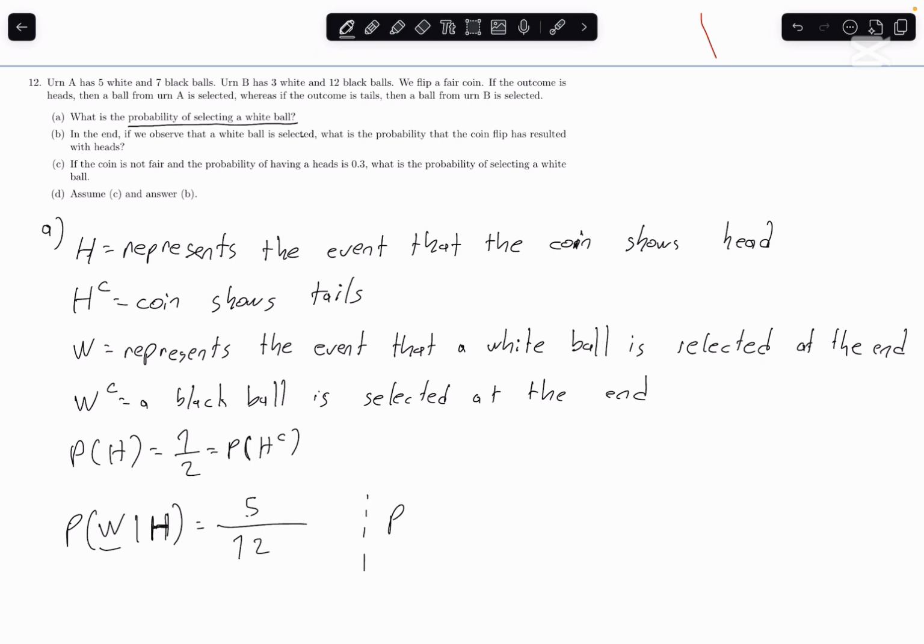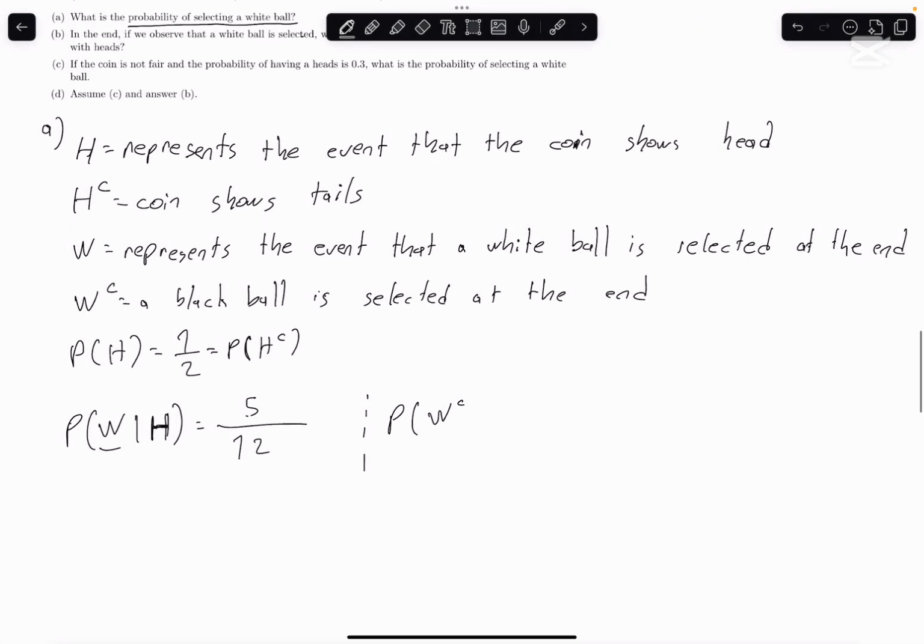So let's write the other ones. Probability of white complement, which is black, given that the coin is heads, we can easily write it like this: 1 minus probability of white known that heads, equal to 7 divided by 12.